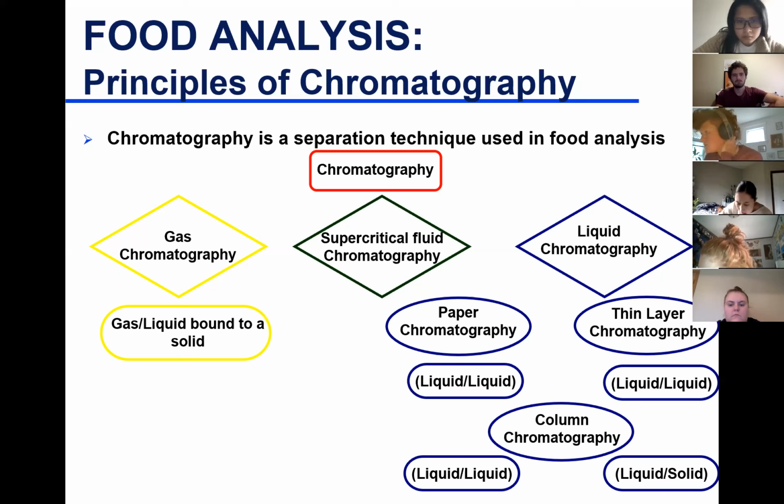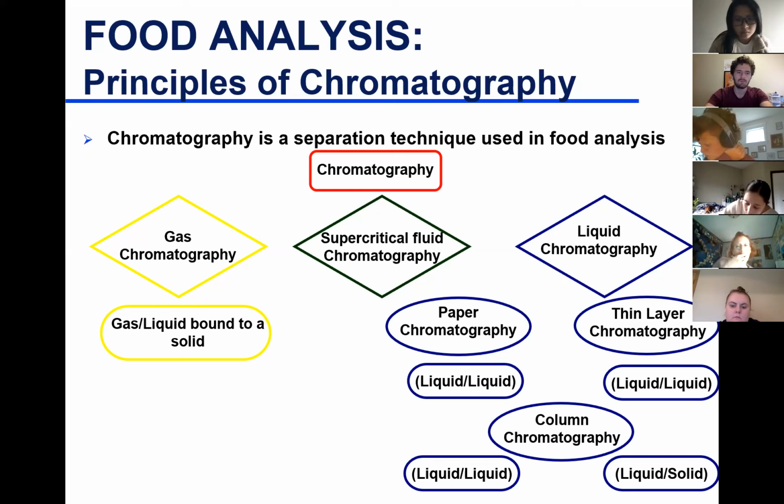Mostly it's water impregnation, and then you have an organic solvent as your mobile phase. Thin layer chromatography is the same. You have a silica, which is very common, and then you would have your impregnated solvents. So your stationary phase is liquid, and your mobile phase is liquid. So for planar, it's always liquid, liquid.